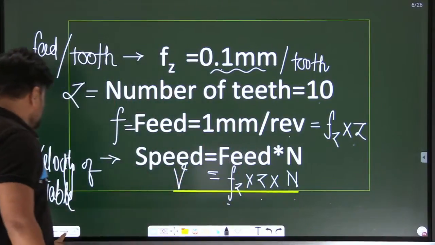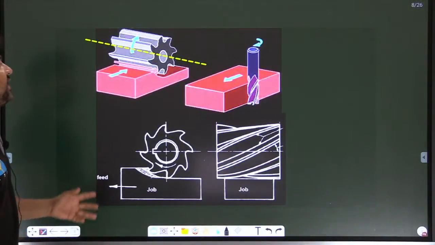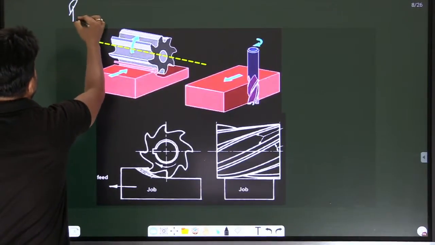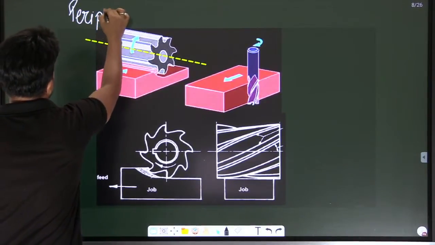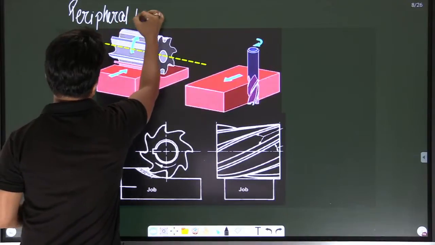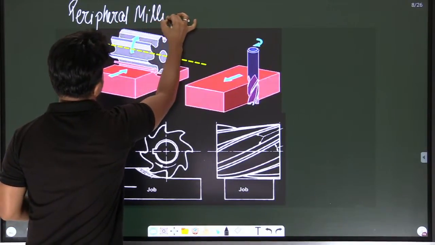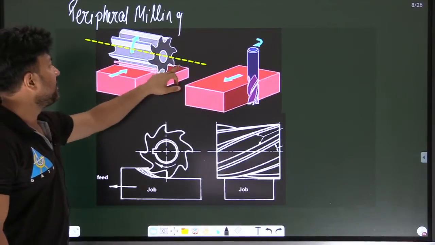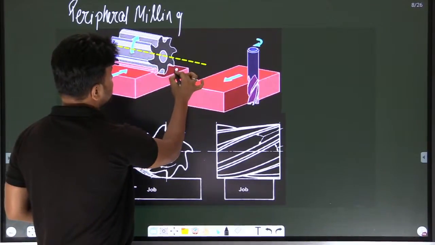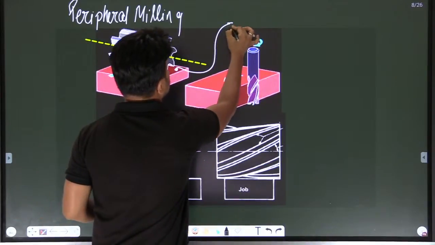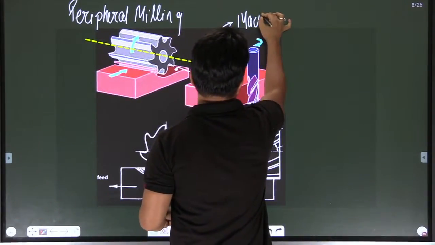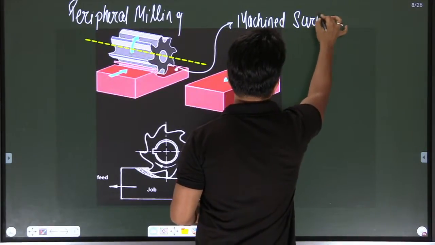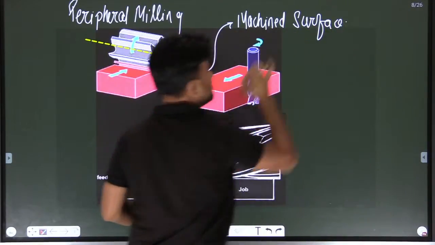So what I am telling you is, one is peripheral milling. In peripheral milling, see, this is the milling cutter, and here you can see this surface. This surface is the machine surface.